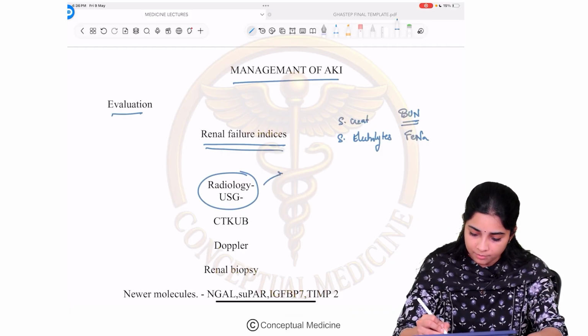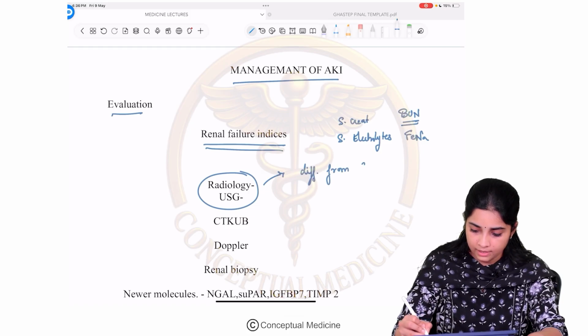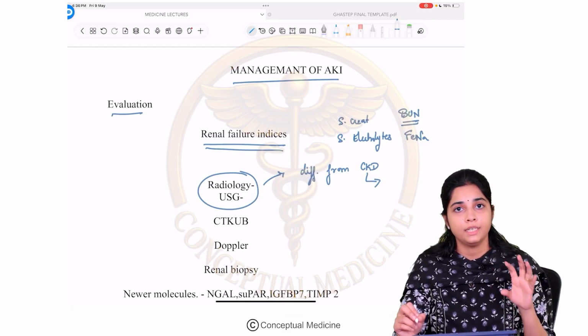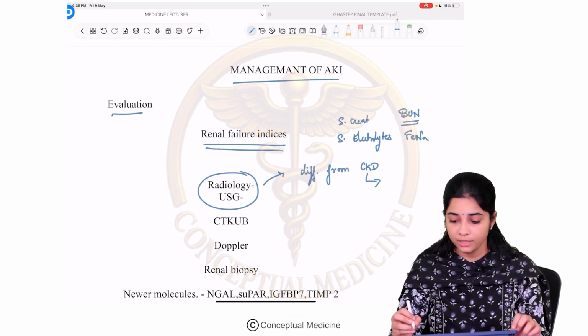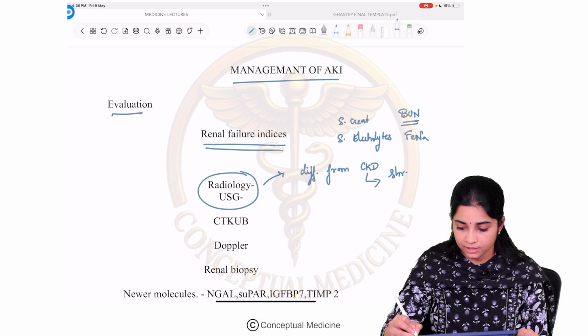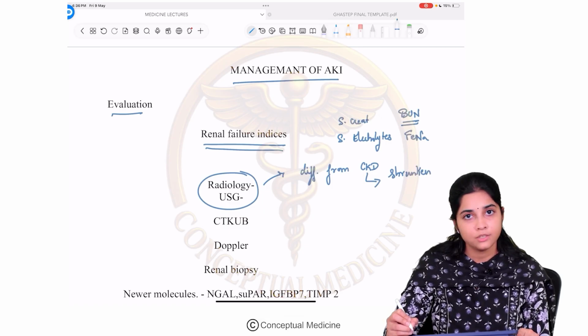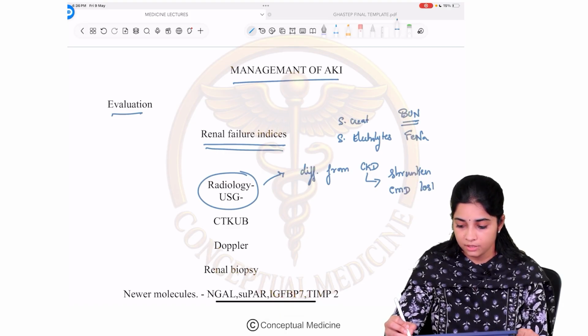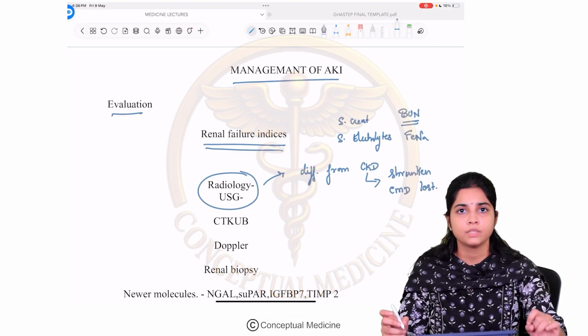Ultrasound can be used so that it helps in differentiating from CKD. How? Because in chronic kidney disease, if any injury has been happening for a longer time, then you can have shrunken kidneys. Then the corticomedullary differentiation is lost. So this is how ultrasound can help.